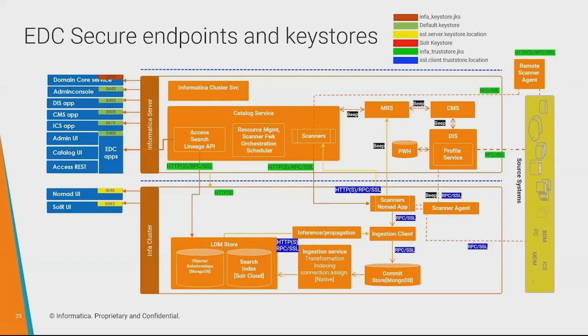So that's a high-level overview, with a deeper dive into the secure endpoints and secure communication between EDC services, and how different SSL certificates work together with specified ports to ensure a secure application.